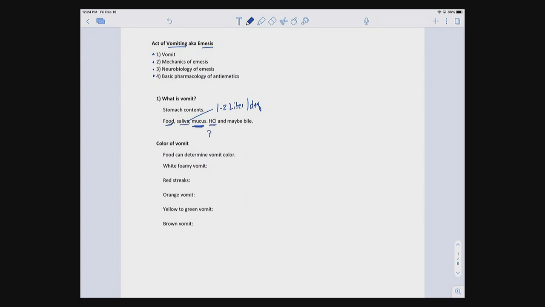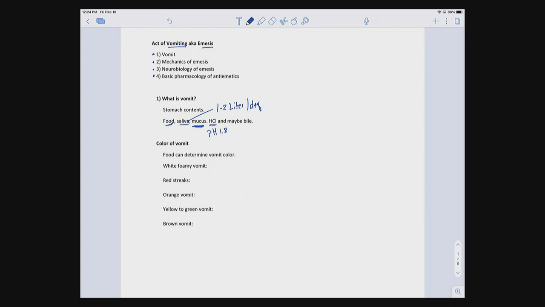And the pH is around 1.8, which is fairly acidic. The acid is there because it's very good at breaking down food contents. So the whole point, of course, of having food in the stomach is so that the acid works on it, breaks it down, putting it in a form where the rest of my GI tract can absorb it.